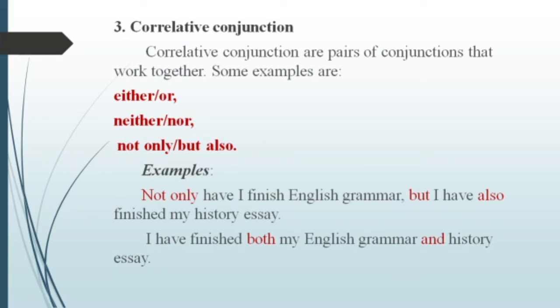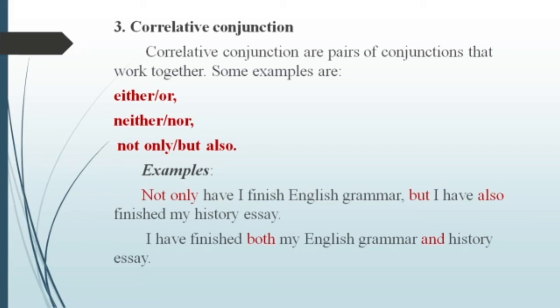correlative conjunction. As the word says, it correlates. It relates two parts of the sentence. Correlative conjunctions are pairs of conjunctions that work together, like either or, neither nor, not only but also. Let's see one example here. Not only have I finished English grammar, but I have also finished my history essay. So two parts of the sentence are joined by correlative conjunctions, and they always go in pairs.